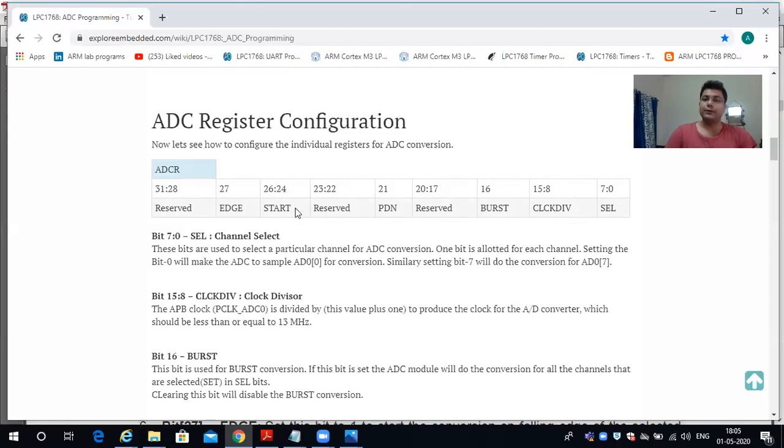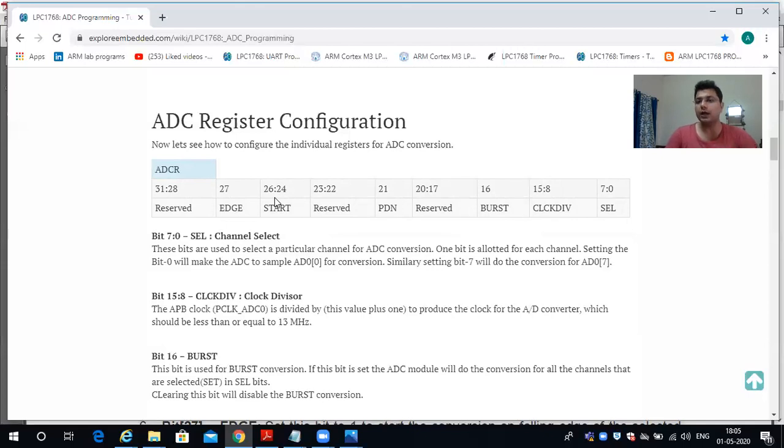So with software controlled mode, if we are not operating in burst mode, the value over bits 24 to 26 should be 001, and you should start the conversion. And 000 is for not starting the conversion.